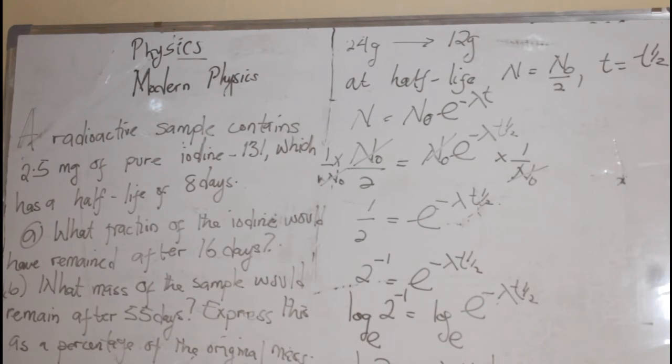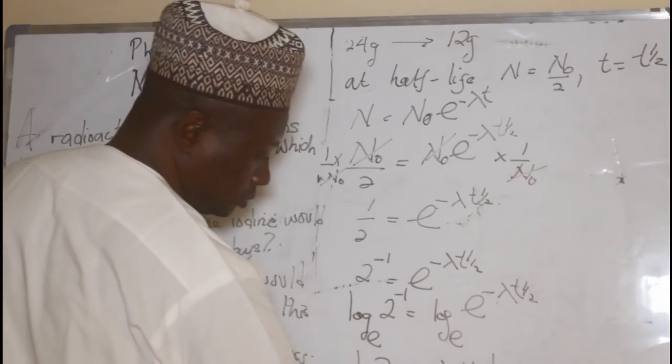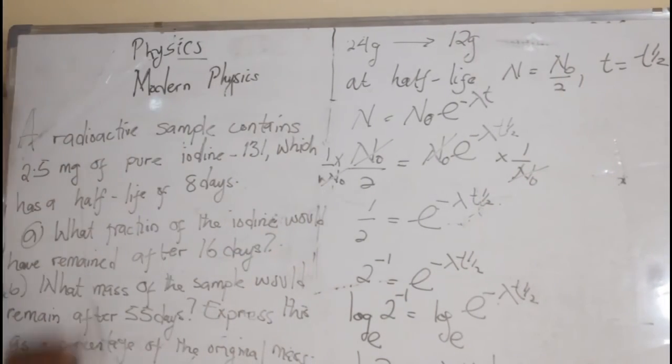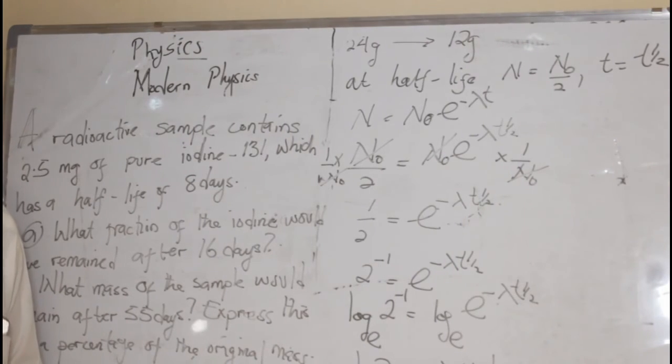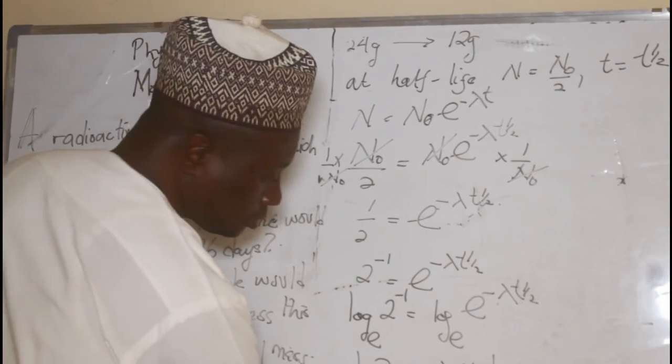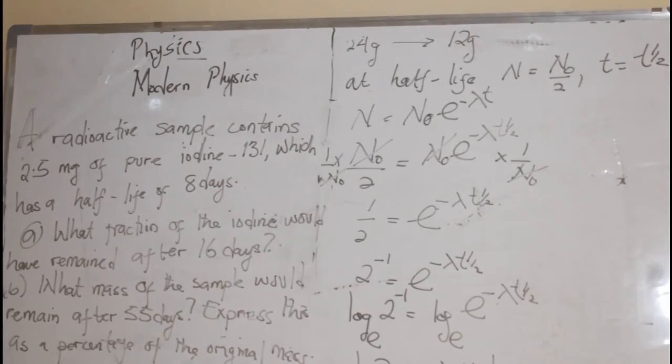This is ln, okay? Ln 2. Go and press it. Ln 2 is what? 0.69. Okay? You see, it's very simple, right?